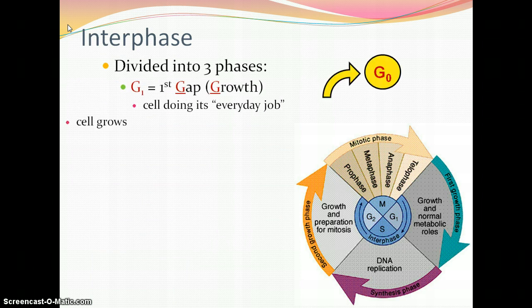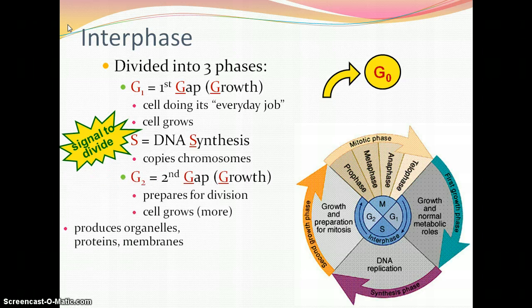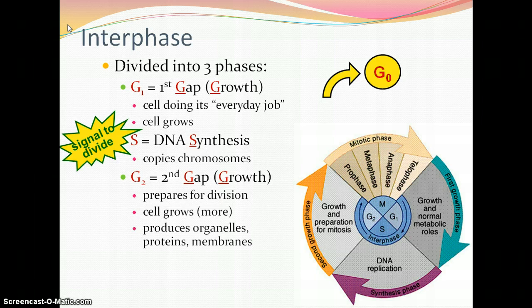So this slide is showing the 3 different phases that we have, again, through interphase. So what it's showing here is just, again, the G1 or first gap. And gap you can also think of as the first growth phase.